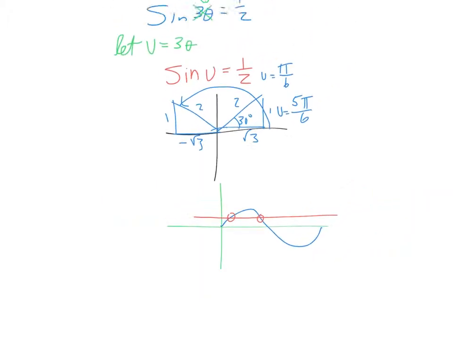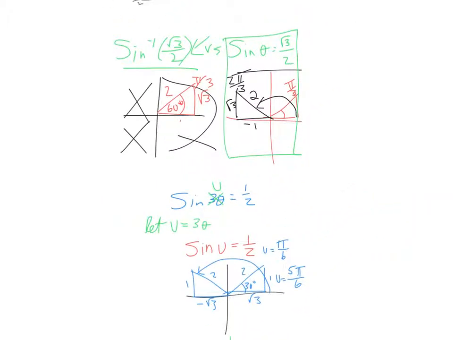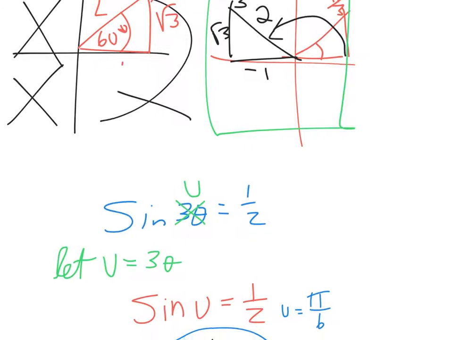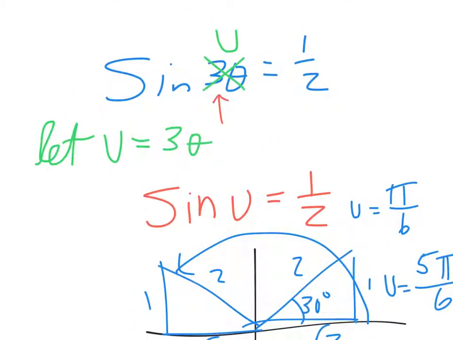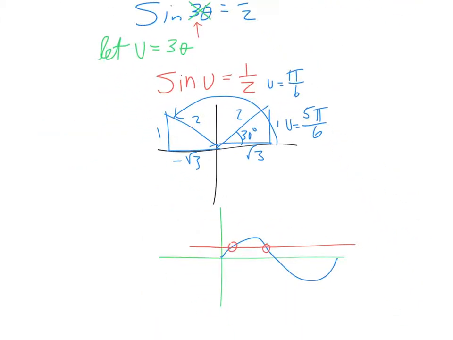Because the original problem was really sine of 3 theta. When you put a 3 in there, it seems like it's going to stretch it horizontally, but it actually does what? Shrinks it horizontally.